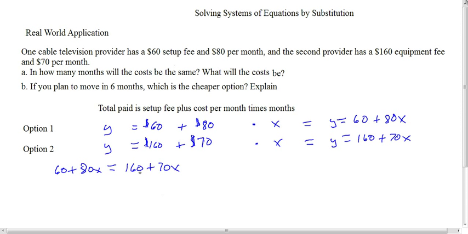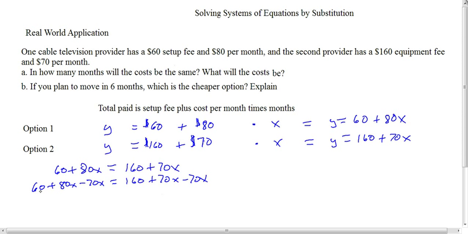Now we'll take 70x and subtract 70x because we want to get our variables together. We're going to subtract 70x from both sides, so that'll be 60 plus 80x minus 70x is equal to 160 plus 70x minus 70x.